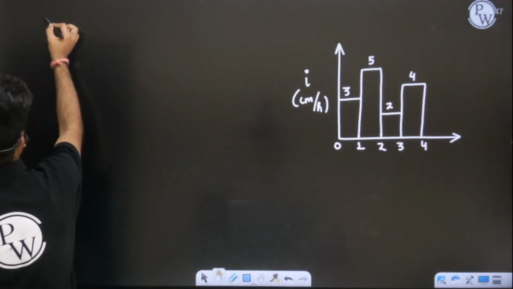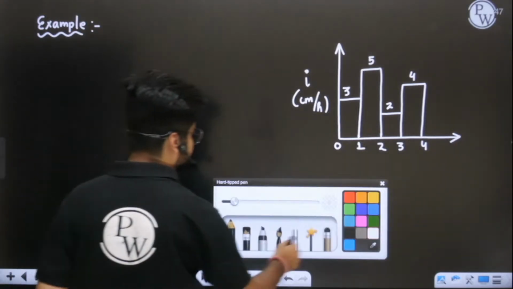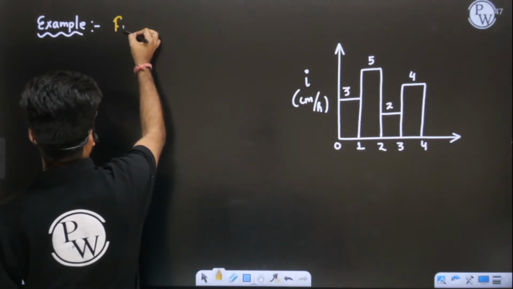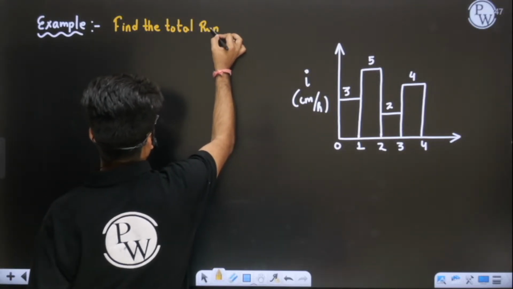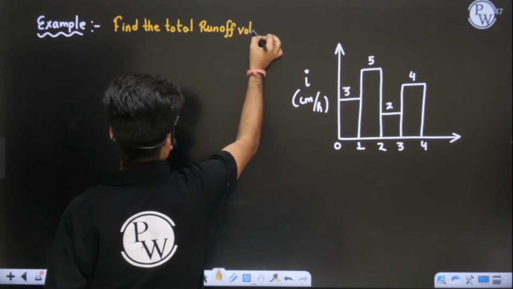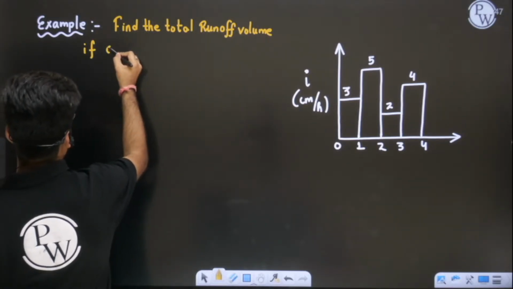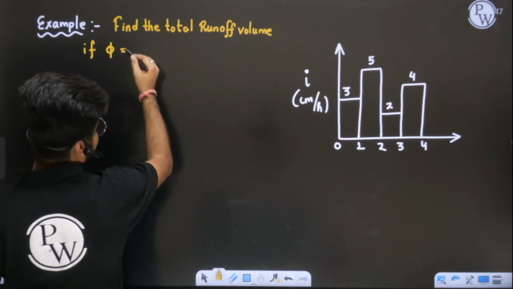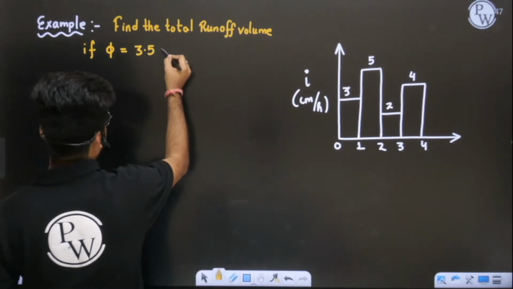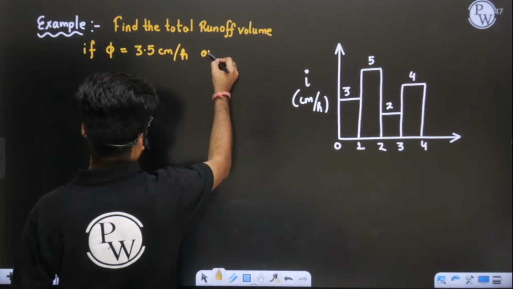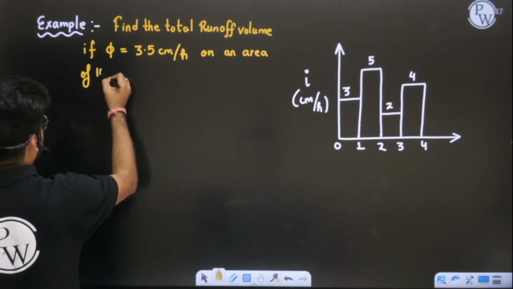They are simply saying, find the total runoff volume if phi index is 3.5 centimeter per hour on an area of 100 hectares.